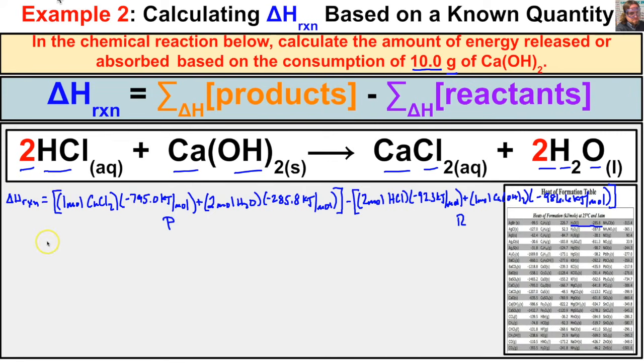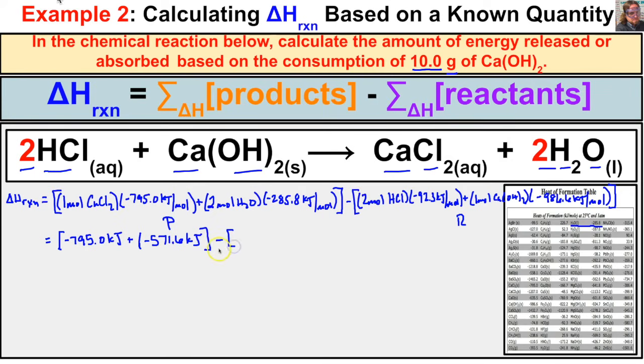Now this is just a matter of putting this into our calculator. We're going to have negative 795.0 kilojoules here, plus 2 times negative 285.8. We're going to end up with negative 571.6 kilojoules here.